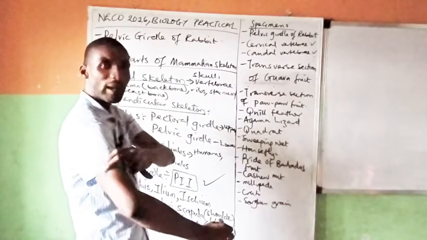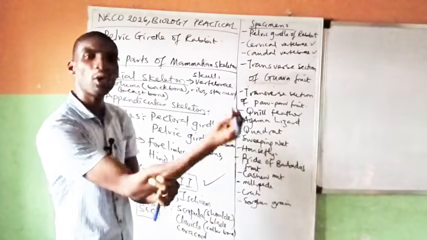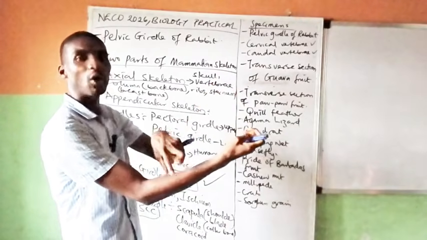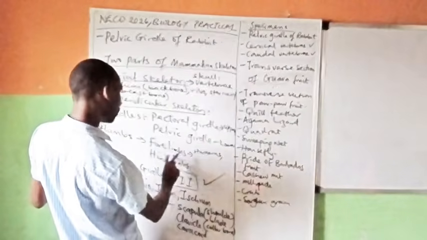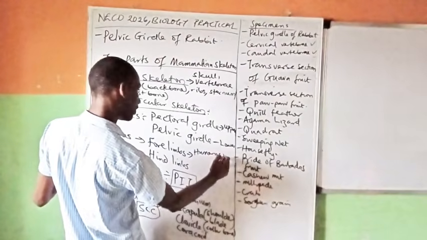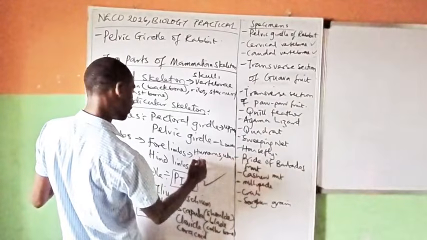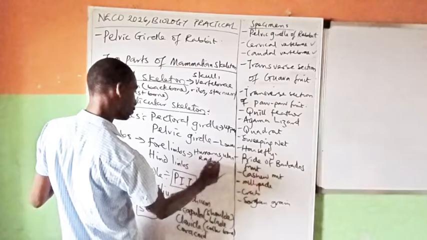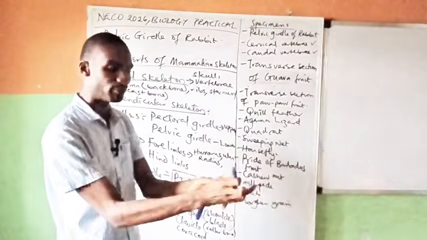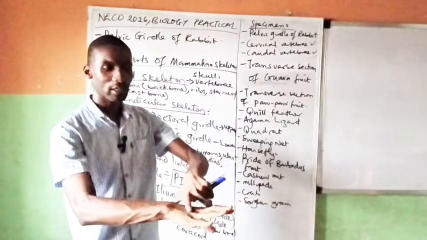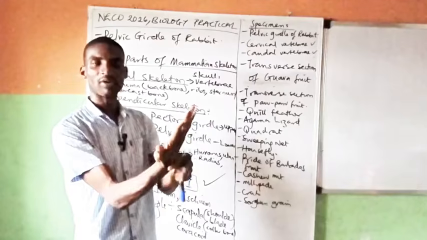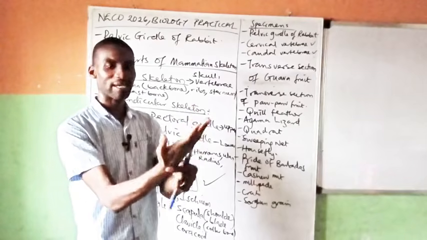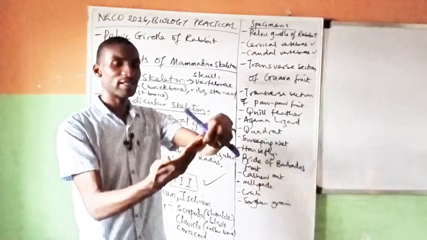And then you have two bones here, the ulna and the radius. So what makes up the forelimbs is the humerus, the ulna, and the radius. Those are the three major bones. And then there are other smaller bones: the carpals, the metacarpals, and the phalanges. The carpals are from your wrist.